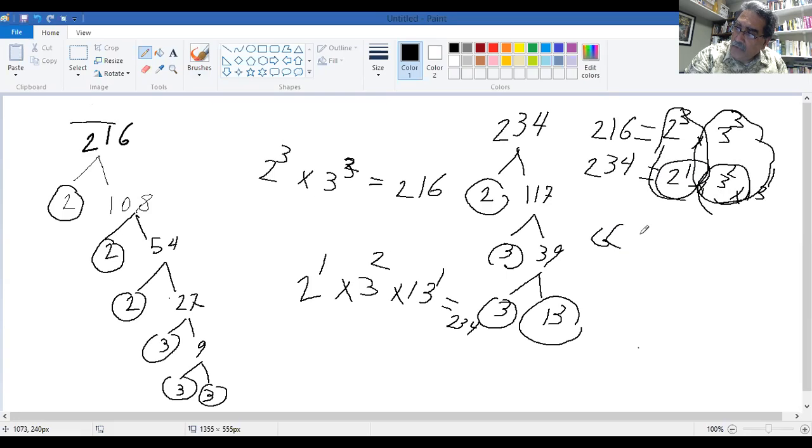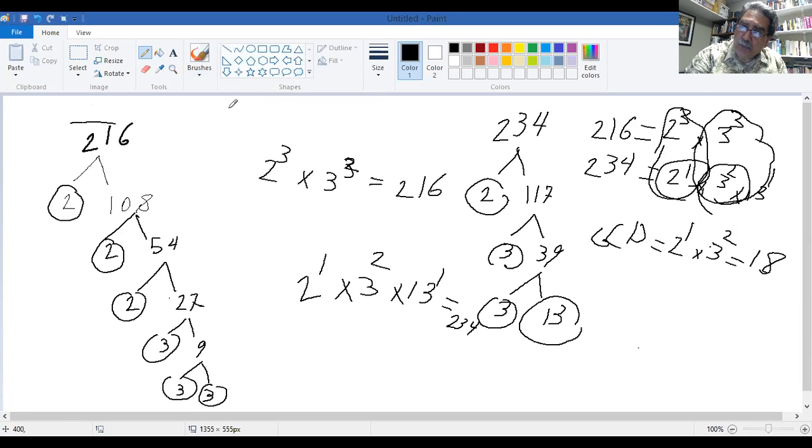Greatest common divisor is 2 to the power of 1 times 3 to the power of 2, or it is equal to 18. This is the greatest common divisor of 216 and 234.